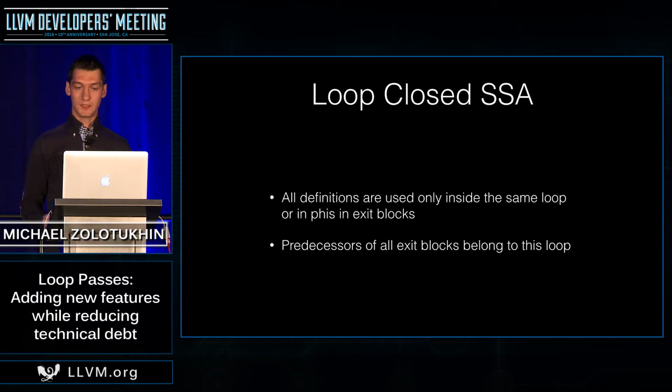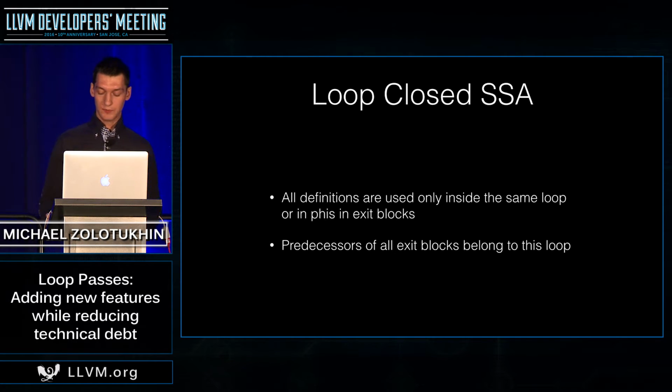And these exits are dedicated for this loop, which means that they don't have predecessors other than from this loop. Why is this useful? LCSSA makes it easy to update SSA form after we make some transformations on the control flow graph within the loop, because it makes it local to the loop.